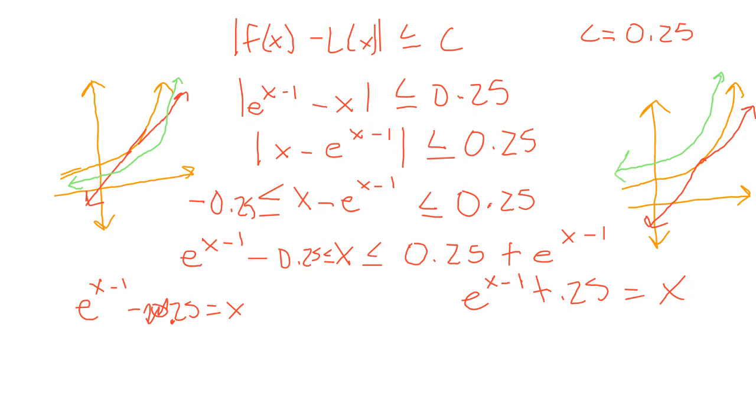Now, how we find our points, which are going to be our min and max, to see how far away we can go to stay within our accuracy, is we look at the intersection between our tangent slash linearization line and where those points are.